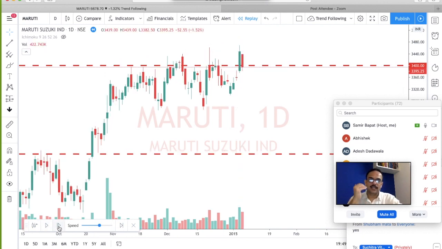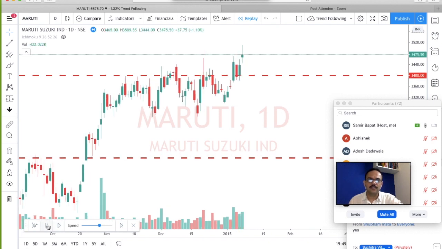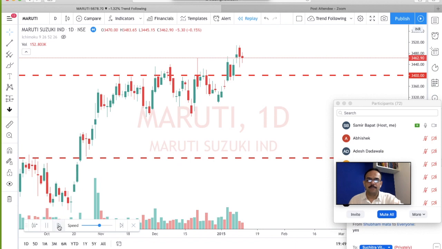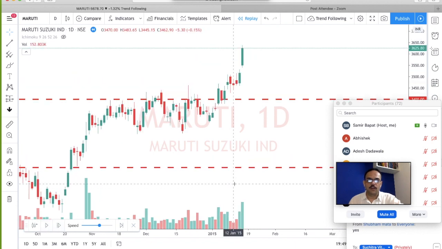Now, in the next candle, the volume was lower because there will still be some people who want to get out. So it will be a tussle between bulls and bears. Let's see who wins ultimately, and then it goes up. See, again it picks up the volume here.